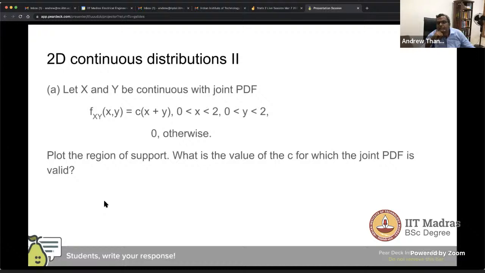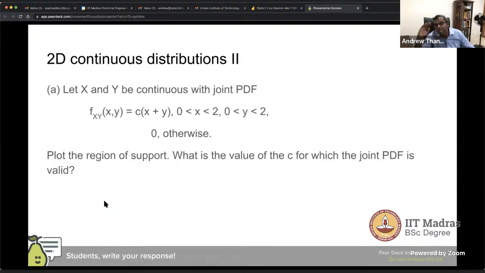A PDF like this, I just want to comment, if you're wondering what would be the difference between this PDF and the previous PDF. Of course, this goes 0 to 2, 0 to 2, and that goes from -1 to 1 and all that. But notice this one is not flat, right? If x is 0, y is 0, close to the origin, the PDF is very low in value.